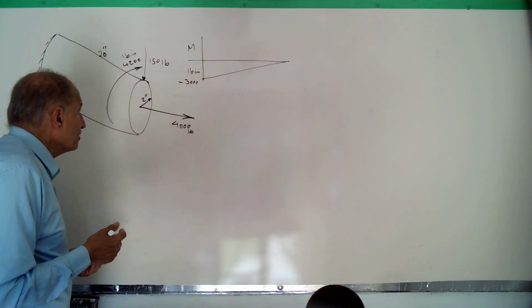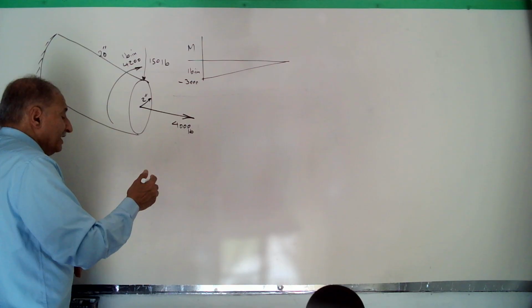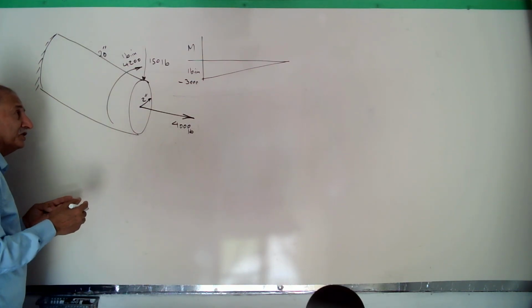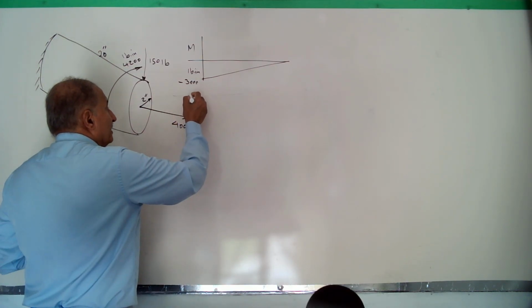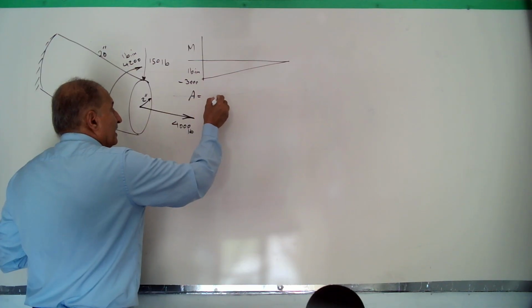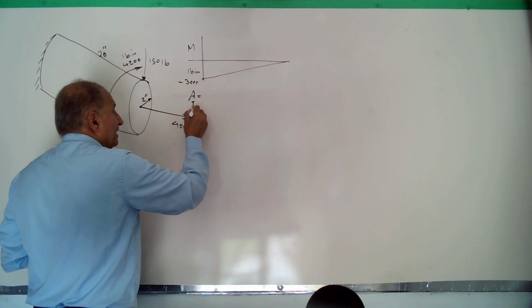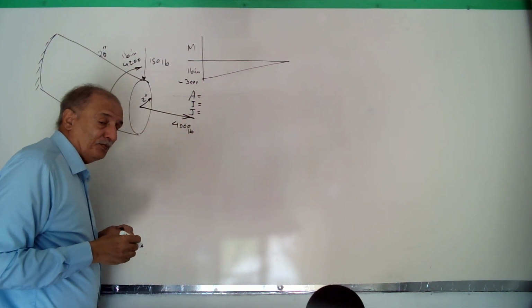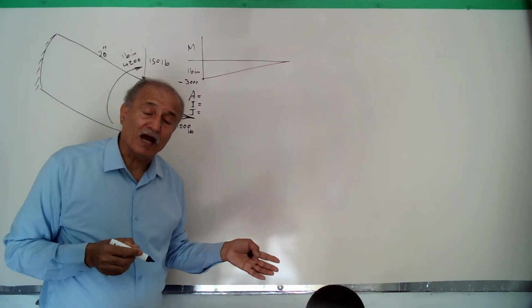Okay, let's start with the bending moment. Before that, we need to calculate the area, I, and J. These are the properties of the cross section of the shaft.